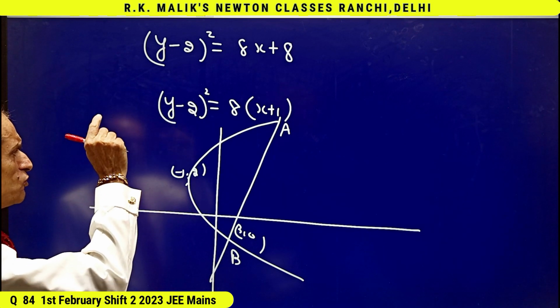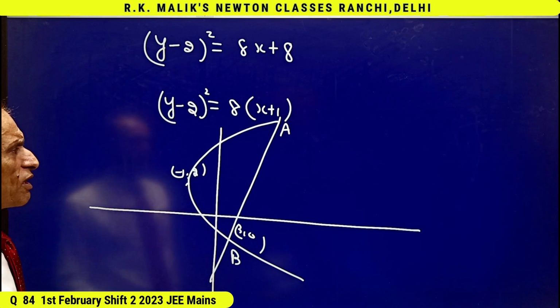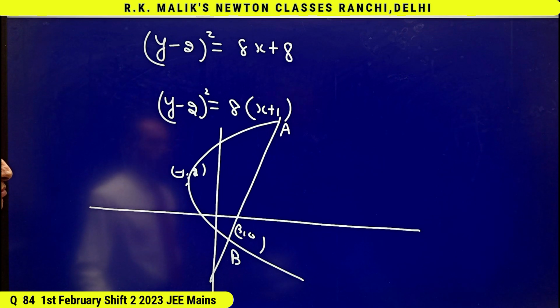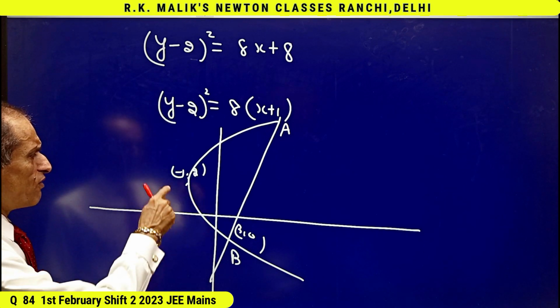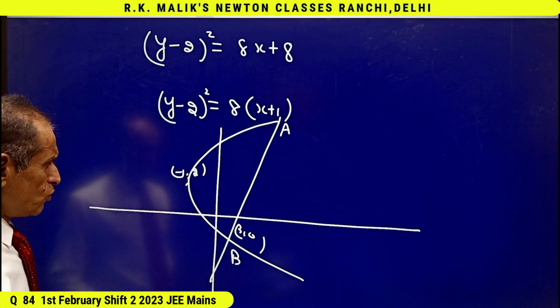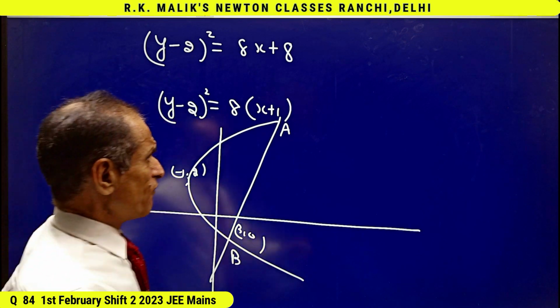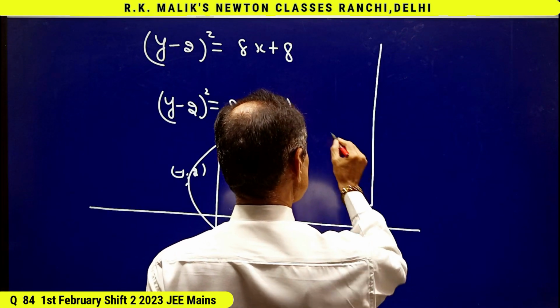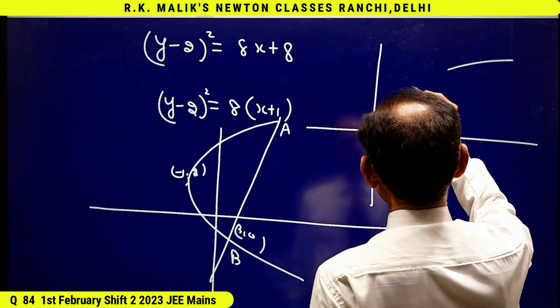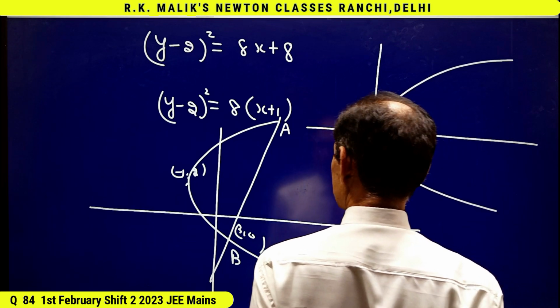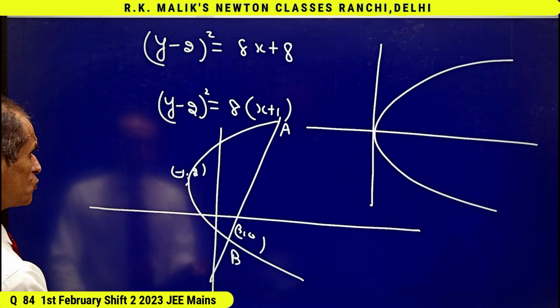For me to be able to use the standard formulas of a parabola, I shift the vertex of this parabola to the origin. After shifting, minus 1, 2 has become 0, 0.